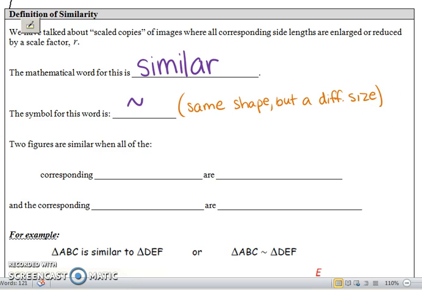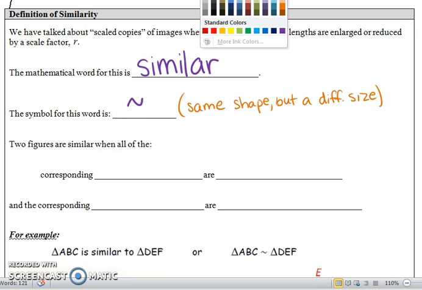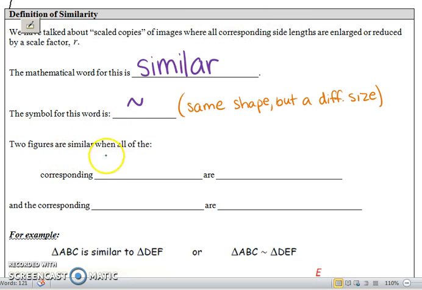Okay, there are two important properties that occur whenever we have two similar shapes. So when two figures are similar, then all of the corresponding angles are congruent. So all of the angles are congruent in two similar figures.